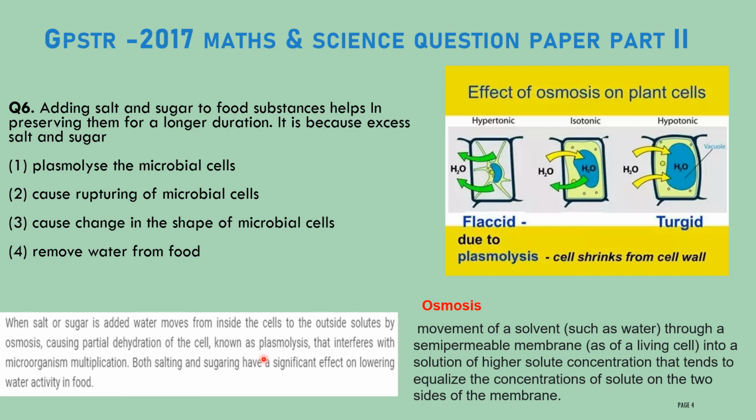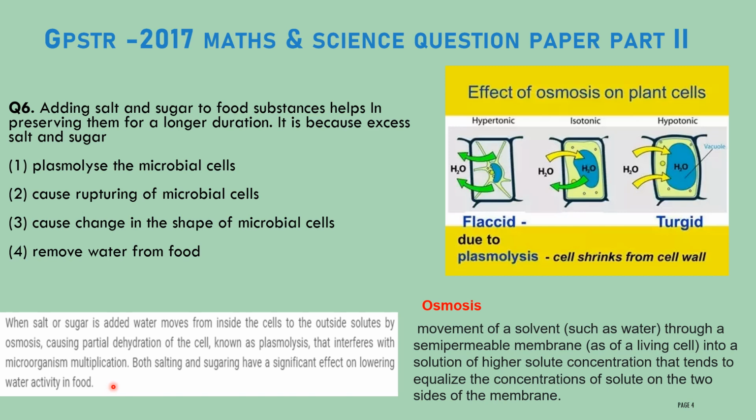We call this process plasmolysis, because when you add sugar and salt to food materials, the concentration of the solute inside the cell increases, and automatically the water moves from inside the cell to outside. That interferes with microorganism multiplication.